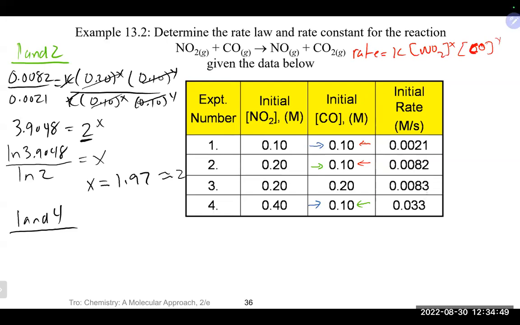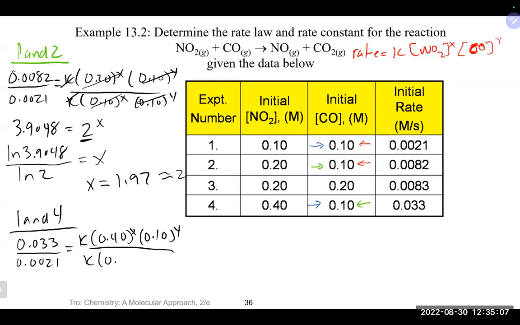Once again, here we'll take the larger one on the bottom, on top, 0.033, which would be number 4. 0.4 to the X, 0.1 to the Y, and now putting number 1 again on the bottom there, 0.0021, our K, 0.1 to the X, and 0.1 to the Y. Once again, here, if we do a little division, 0.033 divided by 0.0021 gets us like a 15.7143. Again, take it to a few digits.